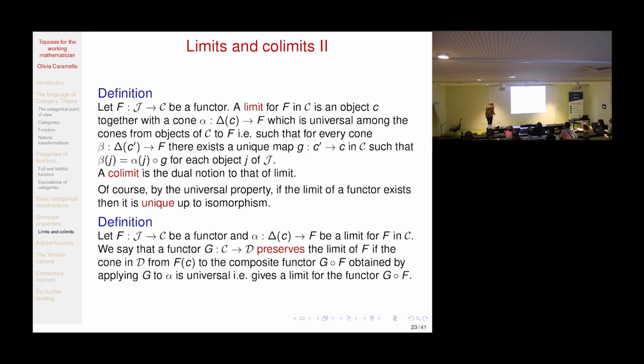And what we have is the dual of this property. So for any pair of arrows from A to C and from B to C, there exists a unique arrow here, which makes these two triangles commute.